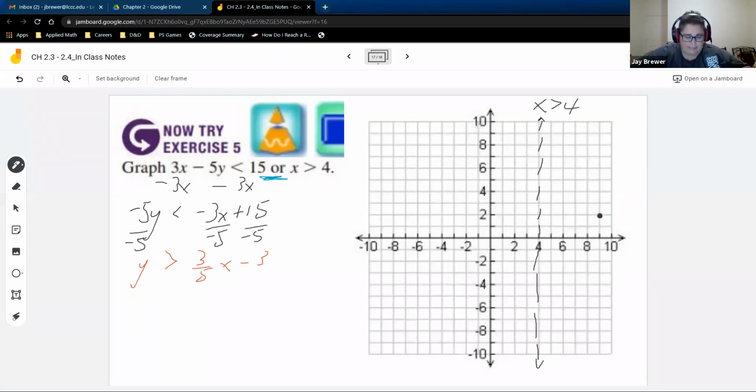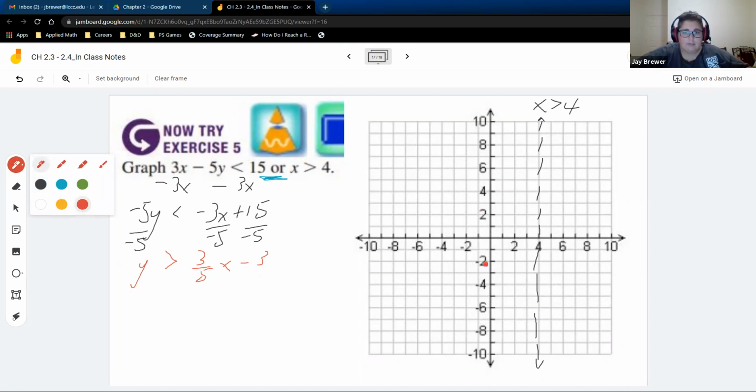Now, if this was by itself, we could just shade to the right and be done with it. But we don't know which ones we're shading yet. So let's do our other drawing and then we'll shade.